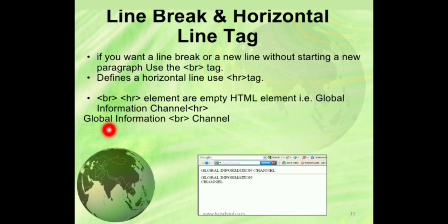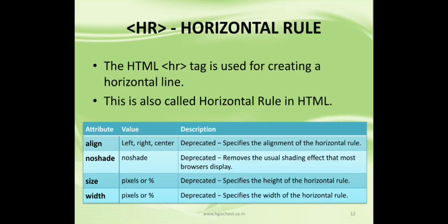So in the next line there will be global information, then a line break. Here you can see the global information and there is a line break, and then channel will be written in the next line. Got it? So HR is used to insert this line and BR is used to generate the line break. HR, horizontal rule.